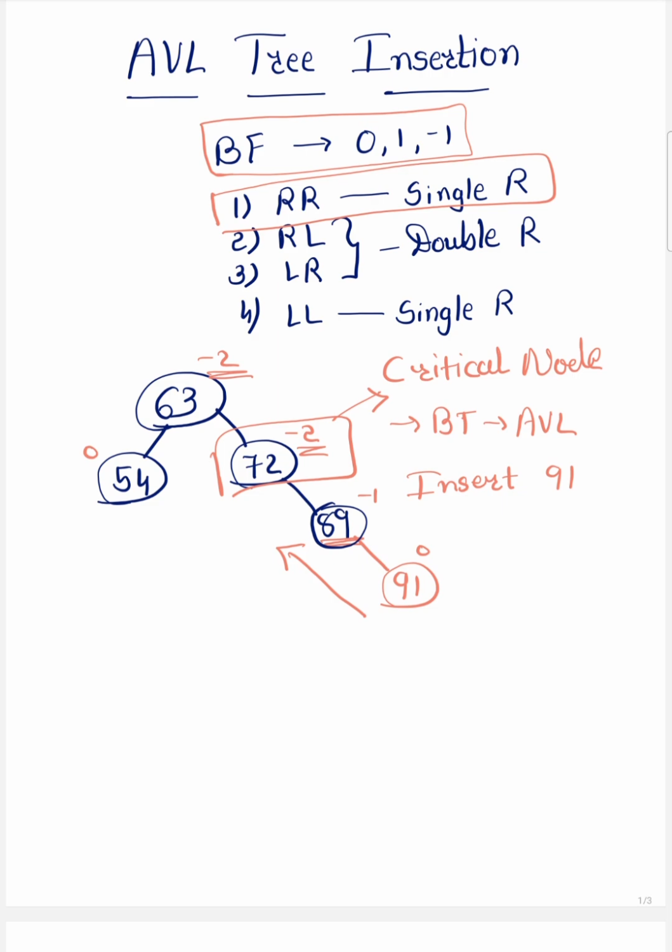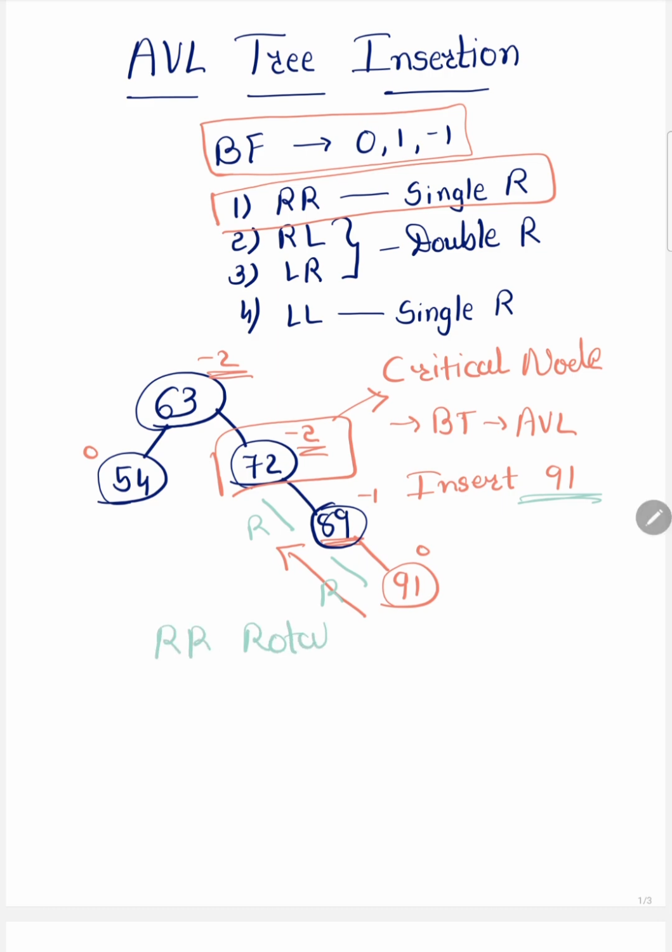Now you need to check that the newly added node, in this case 91, is added at which side of 72. As you can see, here it's right of right. You need to check the two levels from the critical node. So from the critical node it's a right of right, so it's an RR rotation.